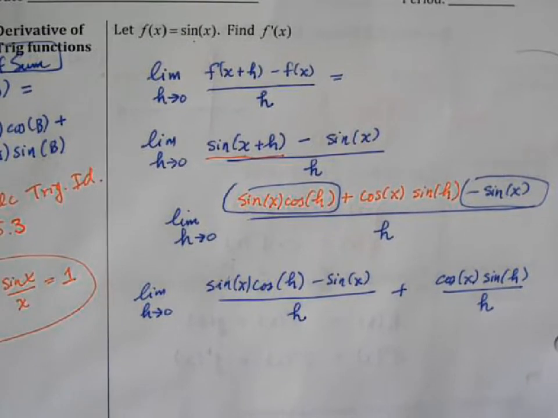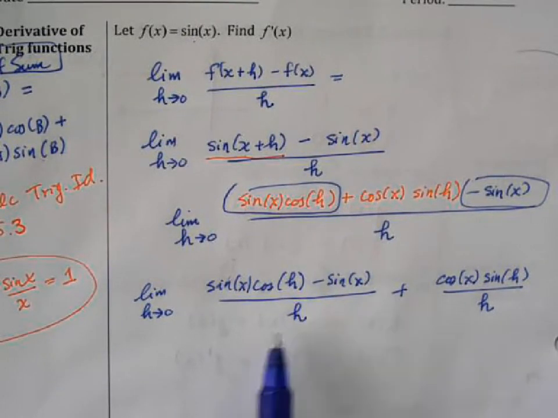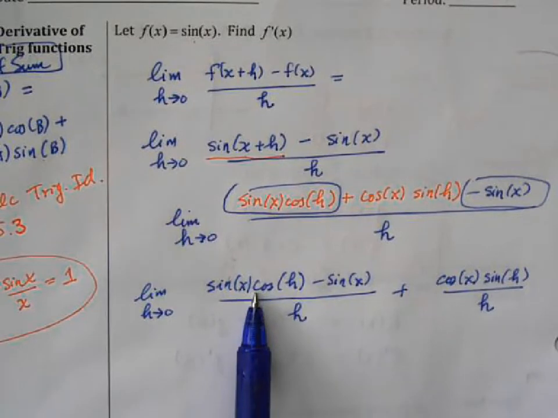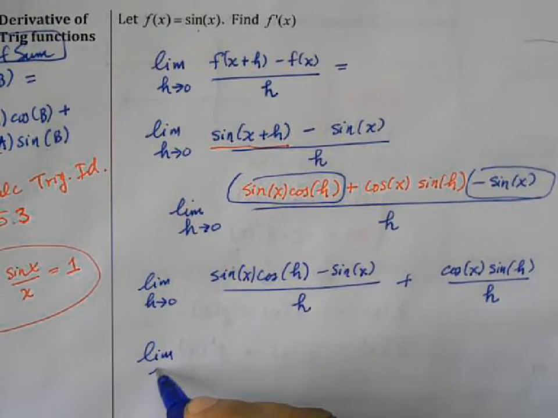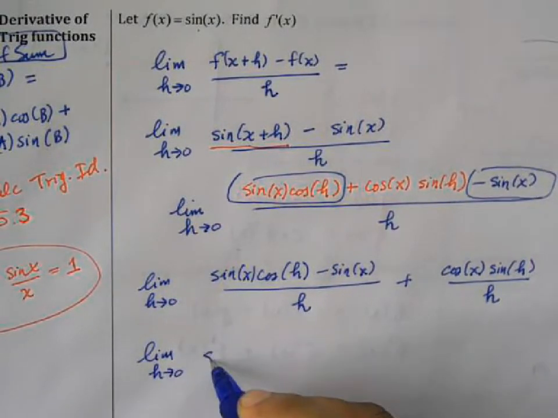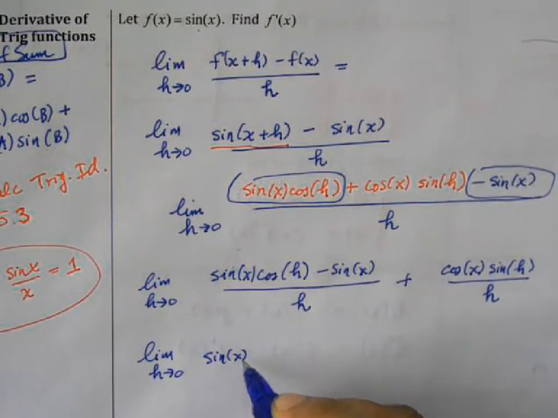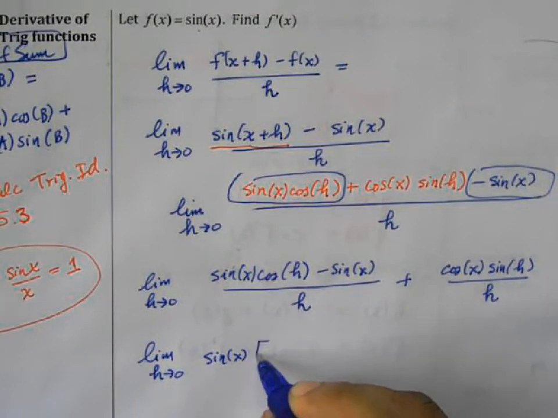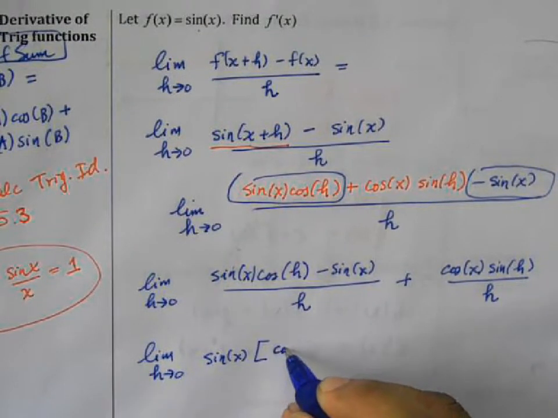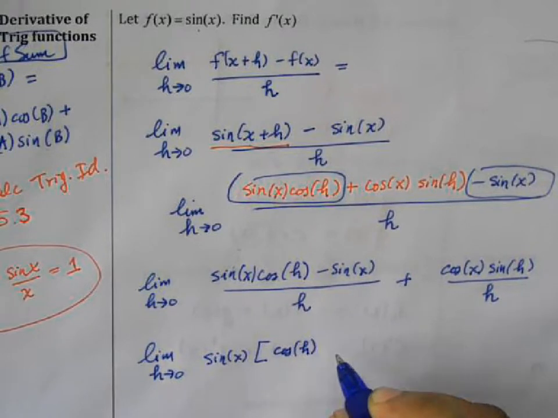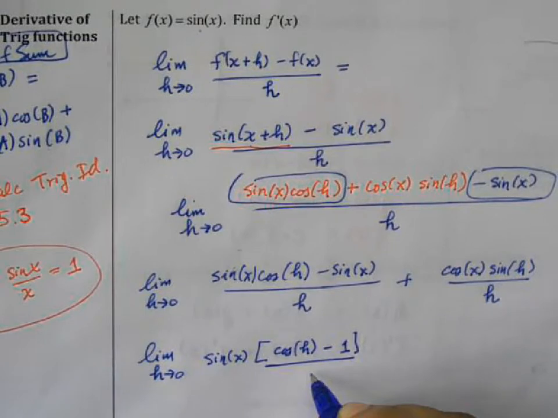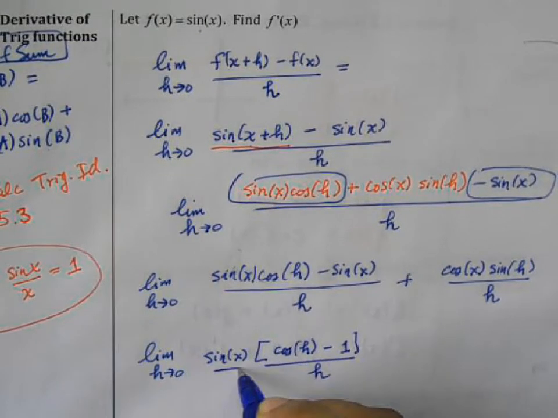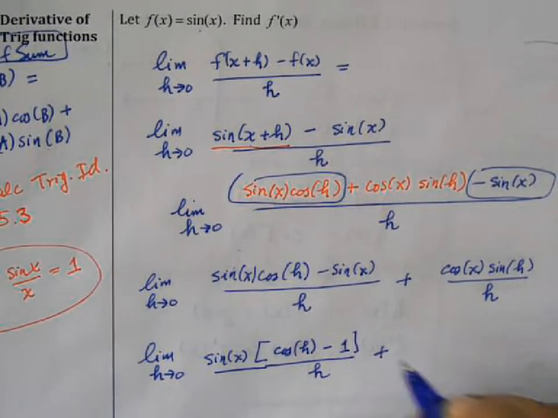And just continuing on with this proof, now we're going to factor out a sine of x here. So the limit as h approaches 0 of sine of x times cosine of h minus 1, all of this over h, plus cosine of x times sine h over h.